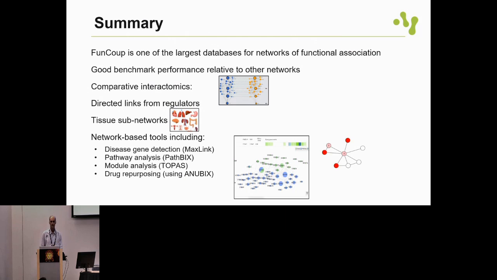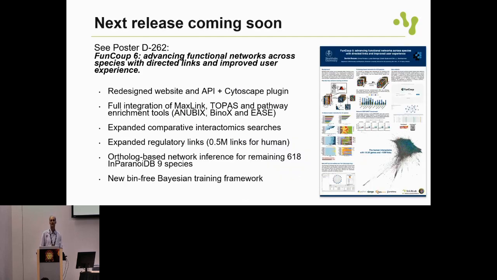Plus, I mentioned some of these extra tools, like for pathway analysis, disease gene detection, and module analysis. I should point out that there is a new release in the making, and there's a poster by Davide on the 262, which shows you some preliminary results on that.